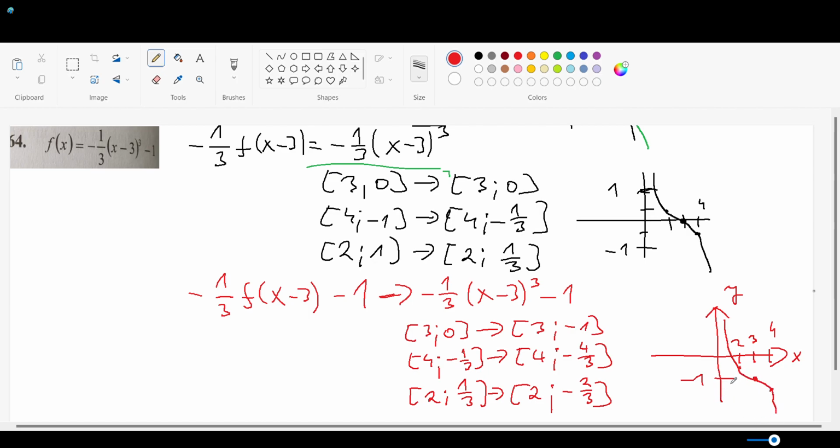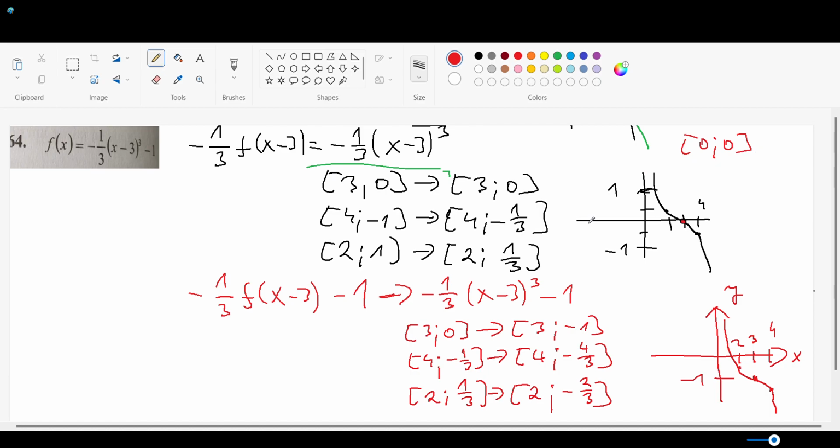As you can see, the critical point which was traveling through our transformation the whole way is this point, and we started with the point at the coordinates 0, 0.